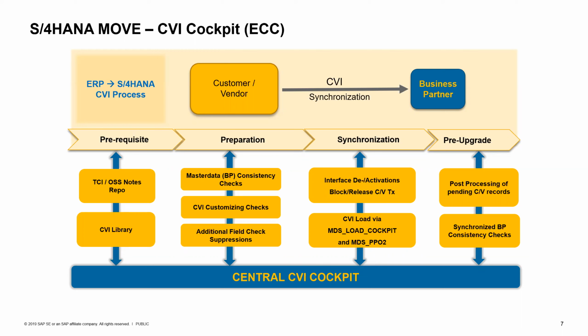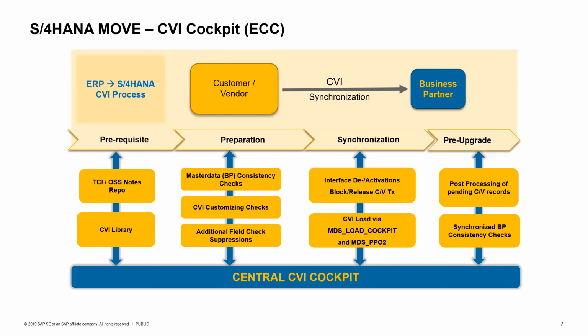There are many other aspects as well, from finance to logistics, HR, and many other steps that need to be followed. Now, in the timeline between the synchronization having happened and the real upgrade yet to happen, there can be some more customer and vendor creation which was not taken care of by the synchronization in the earlier step.